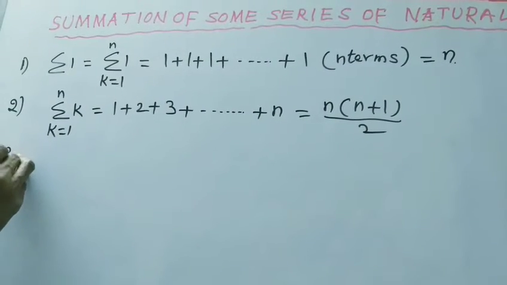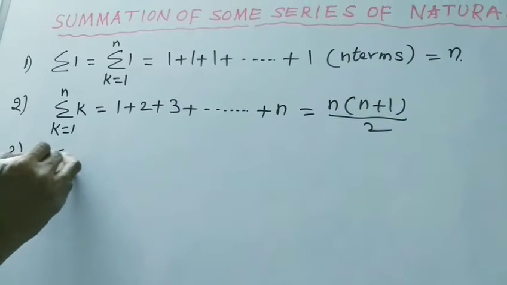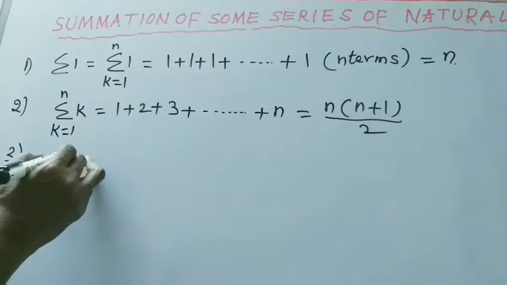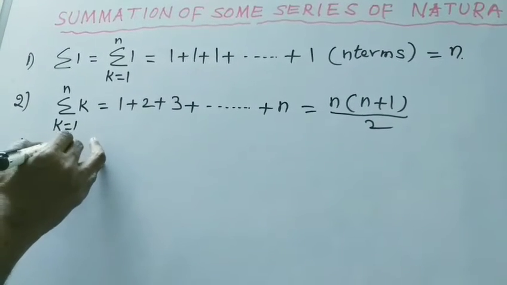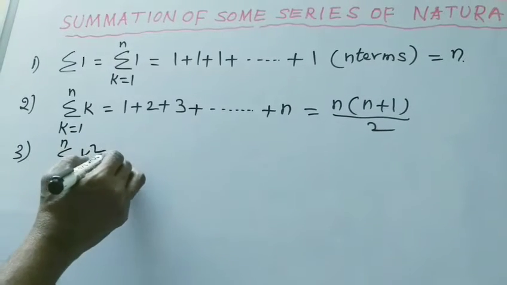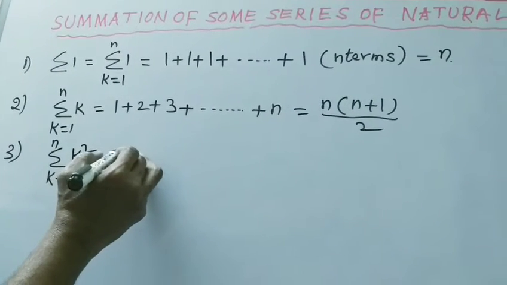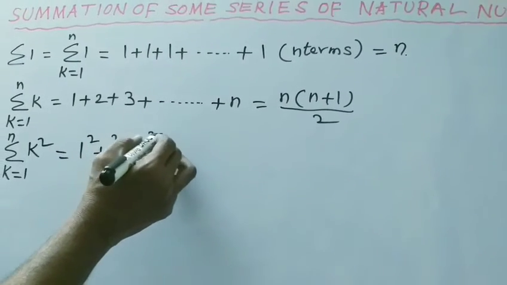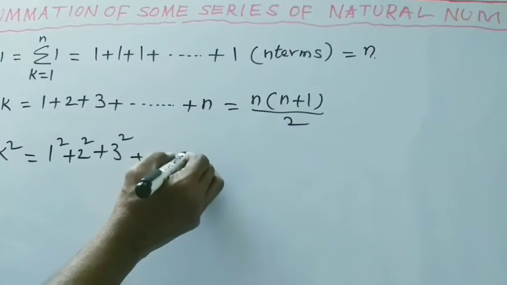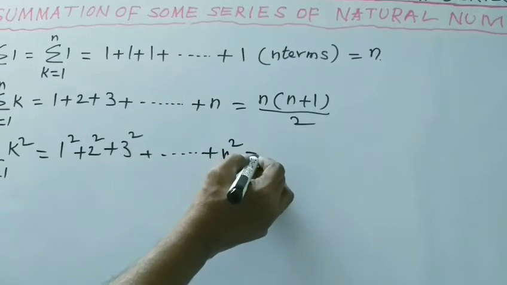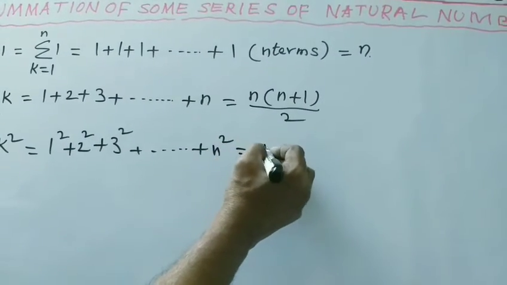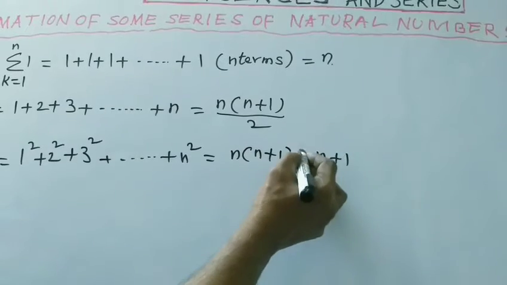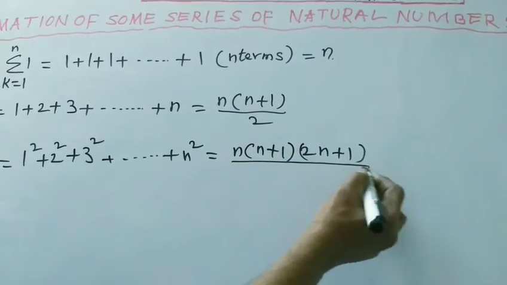And one more, third one, summation of k is equal to 1 to n, k square is equal to 1 square plus 2 square plus 3 square plus and so on plus n square, is equal to n into n plus 1 into 2n plus 1 by 6.